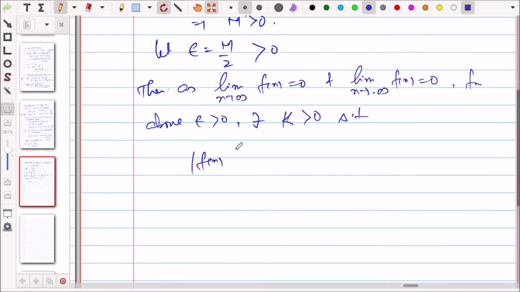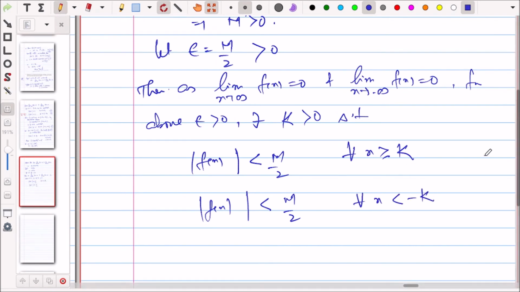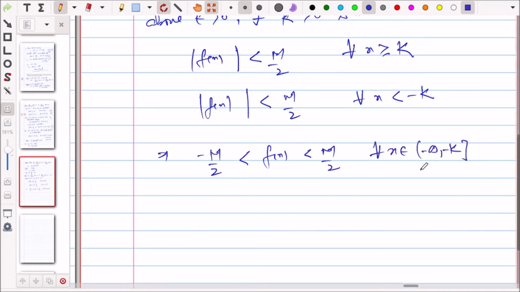So we can have |f(x) minus 0| less than M by 2 for all x greater than or equal to k, and |f(x)| less than M by 2 for all x less than minus k. So this implies minus M by 2 is less than f(x) less than M by 2 for all x belonging to minus infinity to minus k union k to infinity.